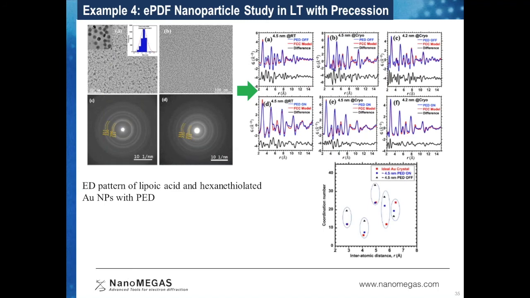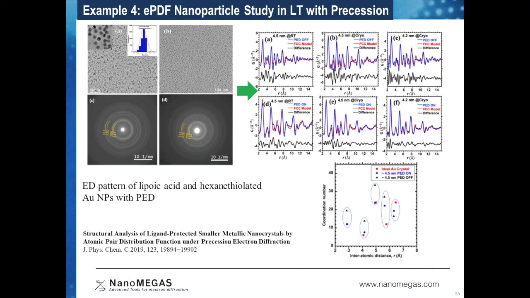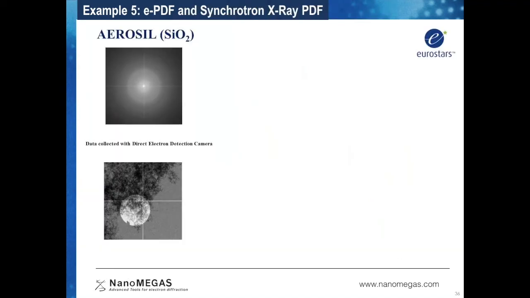Also, the coordination number calculated from the precession ePDF data matches most closely with the theoretical coordination number for a gold nanoparticle. This result we published last year in JPCC, and it was highlighted on the cover page of the journal. If you see the publication, you will find more details of collecting and processing the data.